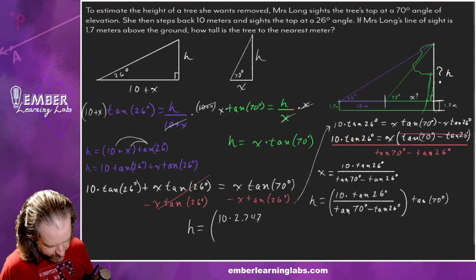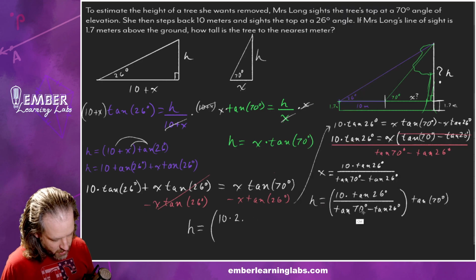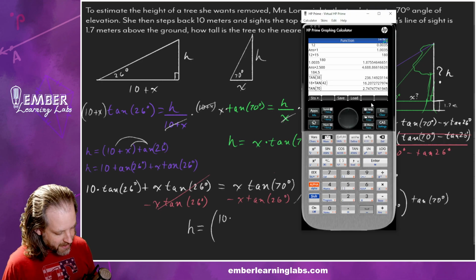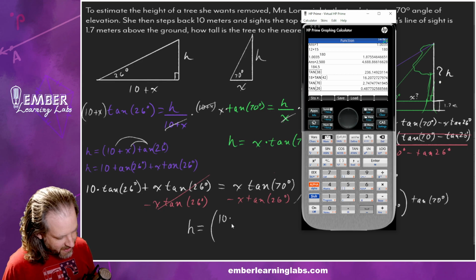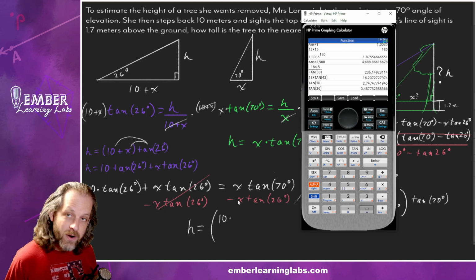No, that's not right. That's the tangent of 26 degrees. Leave that in my calculator. The tangent of 26 degrees is 0.488.